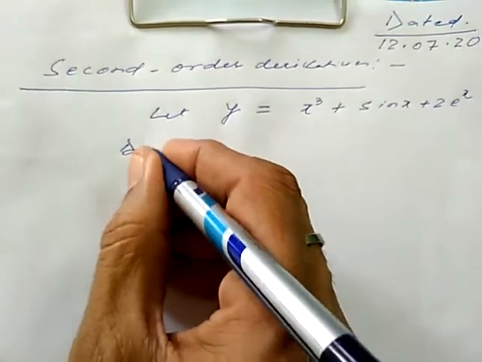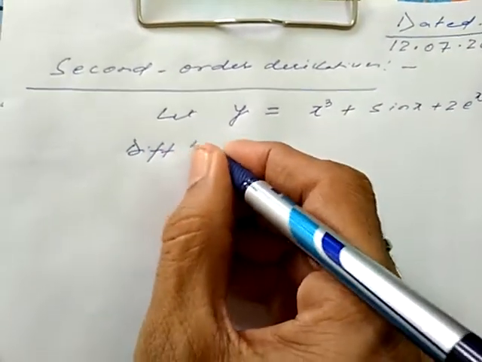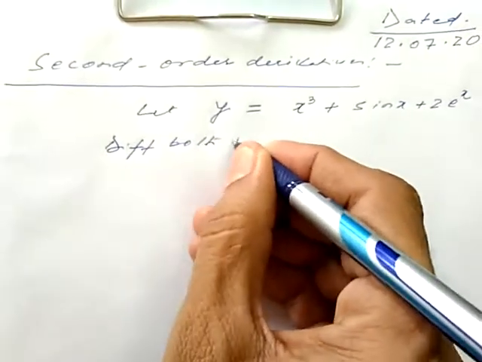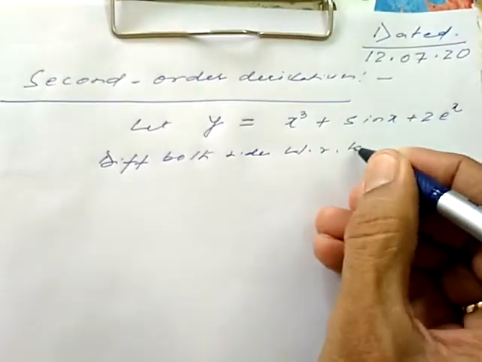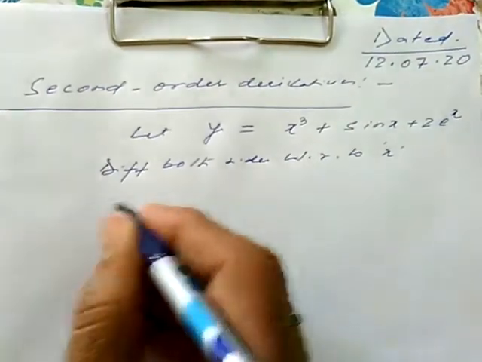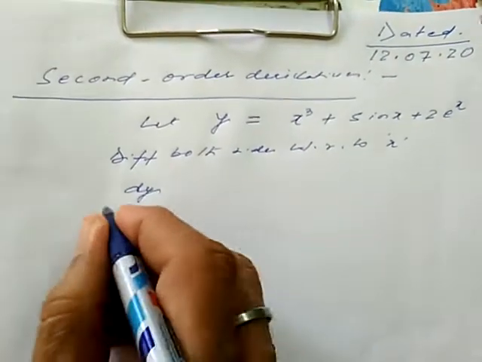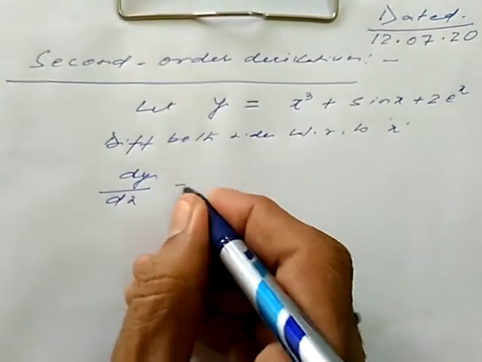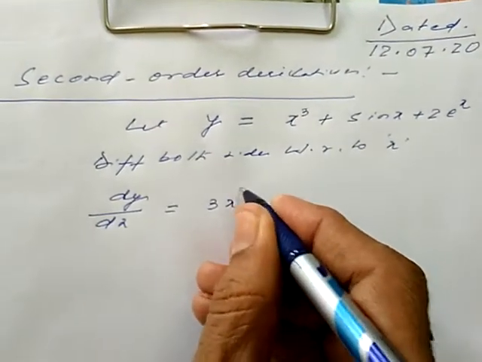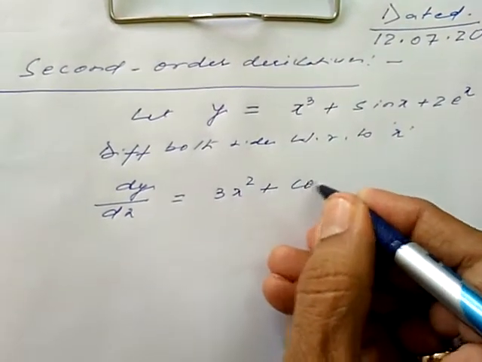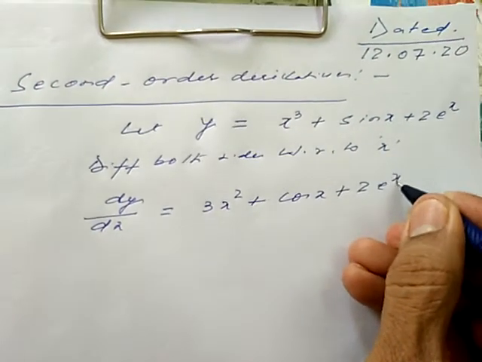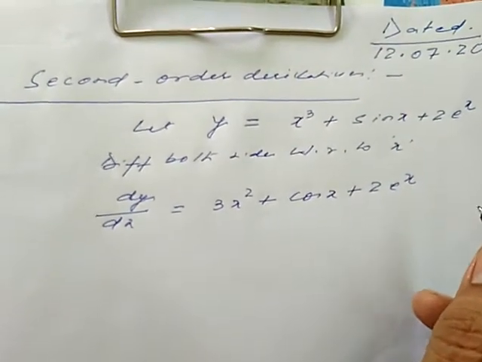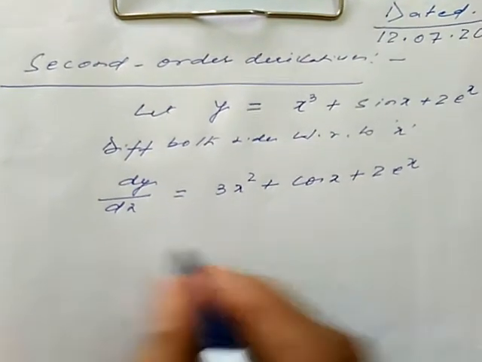First of all, we'll differentiate both sides with respect to x, and it will be simple dy by dx, equal to 3x square, plus cos x for sin x, and 2 is outside and e^x is e^x itself. But our motive does not conclude here, we have to move further.